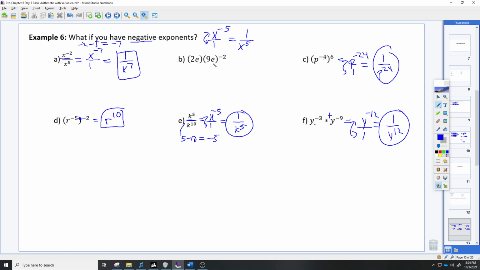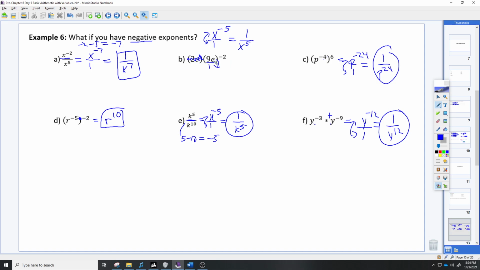Let's see. I think I'm going to do something a little different this time, just to show you a different way of doing this. If you don't like the negative exponent here, we're going to ignore this just for right now. This is being multiplied together, but let's just ignore it for right now. What you can do to make this positive right away is put this whole thing, whatever's in parentheses here, over 1, and flip it right now, and then we can deal with this 2e a little bit later.